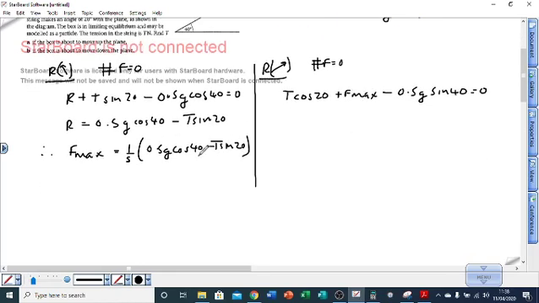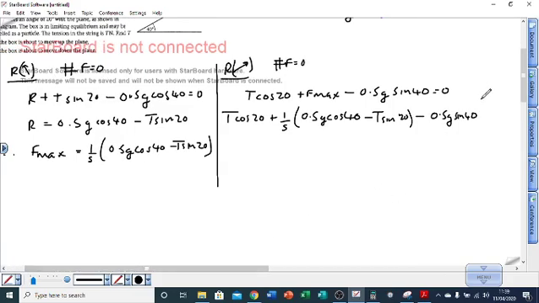Substituting in F max, you've got T cos 20 plus a fifth of 0.5 G cos 40 minus T sin 20, minus the 0.5 G sin 40, and we know that all of that is equal to 0.